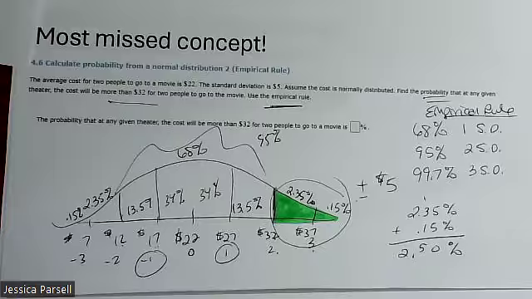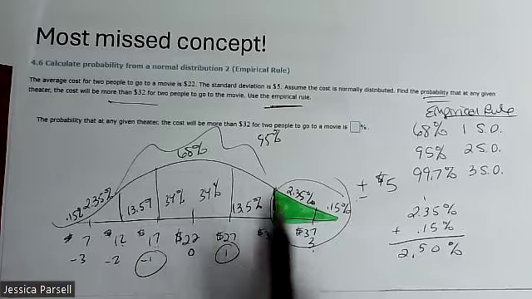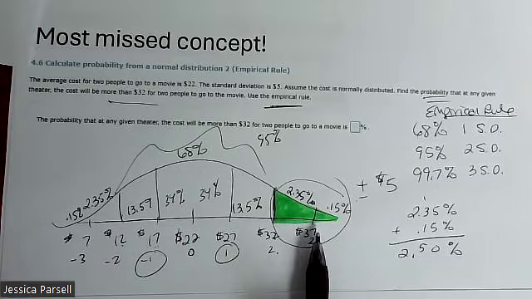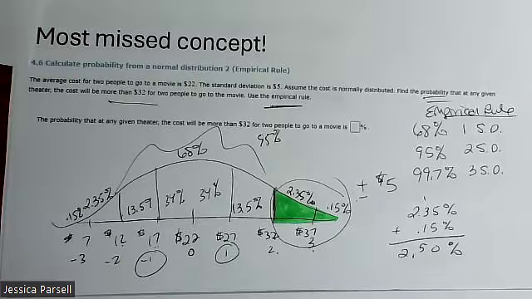Hope that helps with that. That is the most missed concept. You are allowed 1 piece of paper of notes, front and back. I would definitely make sure that you have the empirical rule and all of the percentages written out, because you're allowed to have that on your test.